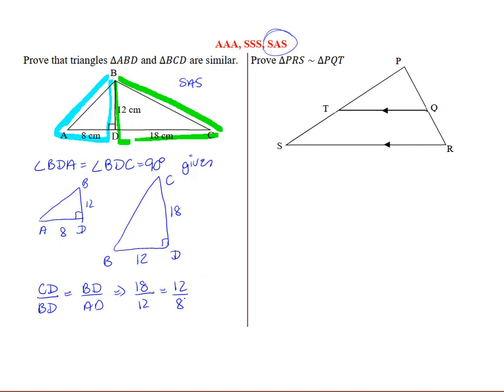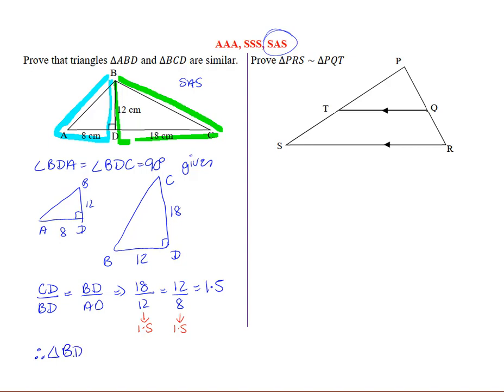Well, 18 divided by 12 is 1.5. And 12 divided by 8 is also 1.5. So that equals 1.5. So therefore, now that I've got them in the same rotation by drawing them again, I can write them in the same order.